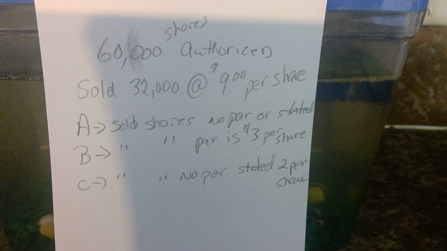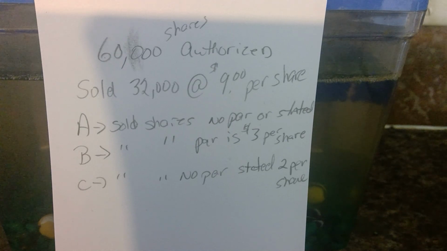It's either going to have one or the other. So you're going to write down your cash and your common stock as your accounts. Fill in your cash amount. You already know how much money you're going to be getting. It hasn't changed. It's the 32,000 shares times $9 a share. So your cash is going to be a debit for 288,000.